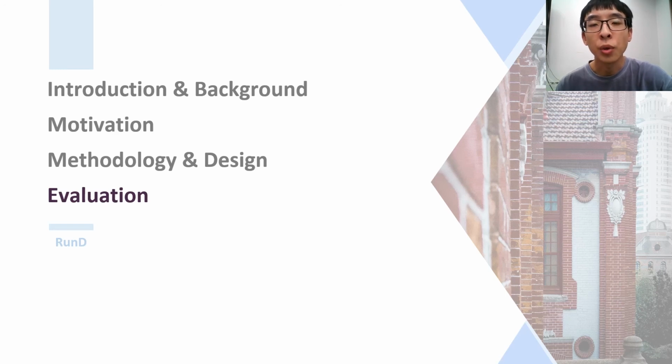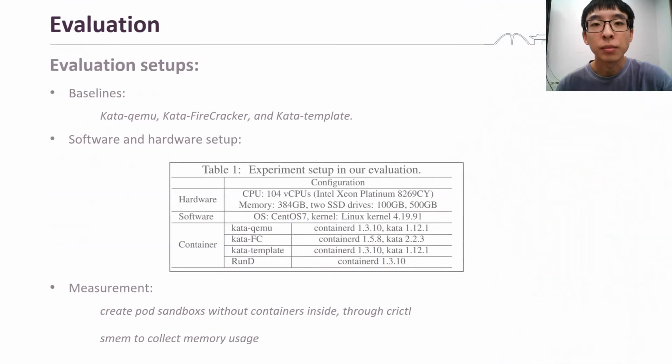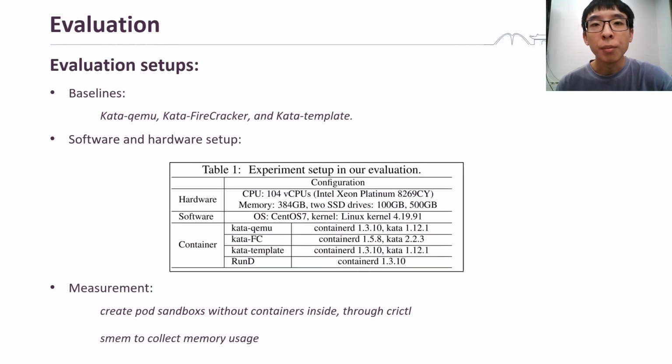In this section, we will introduce our evaluation process. We compare RunD with the state-of-the-art secure containers, Kata containers. Specifically, we use three popular configurations of Kata containers: Kata QEMU, Kata template, and Kata FC. Kata QEMU uses QEMU as a microVM hypervisor.